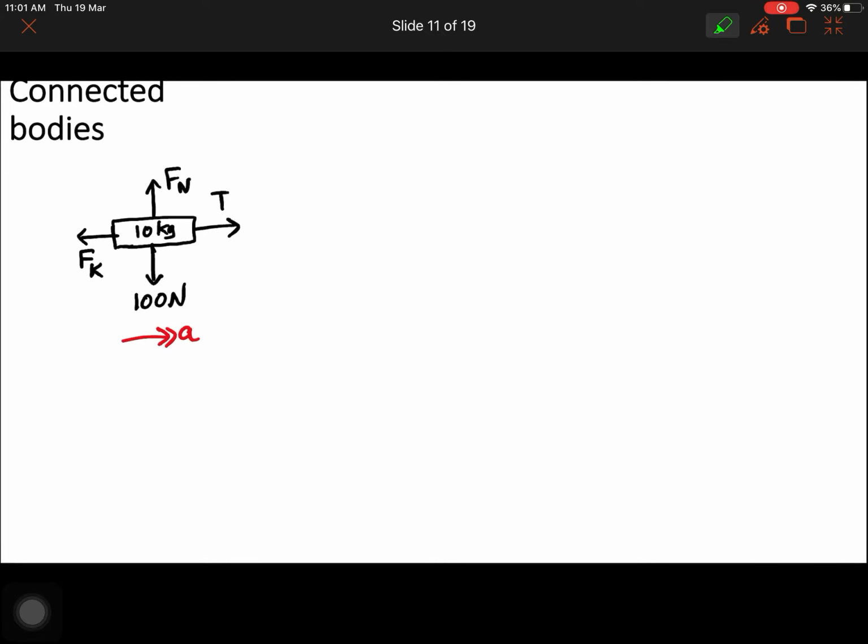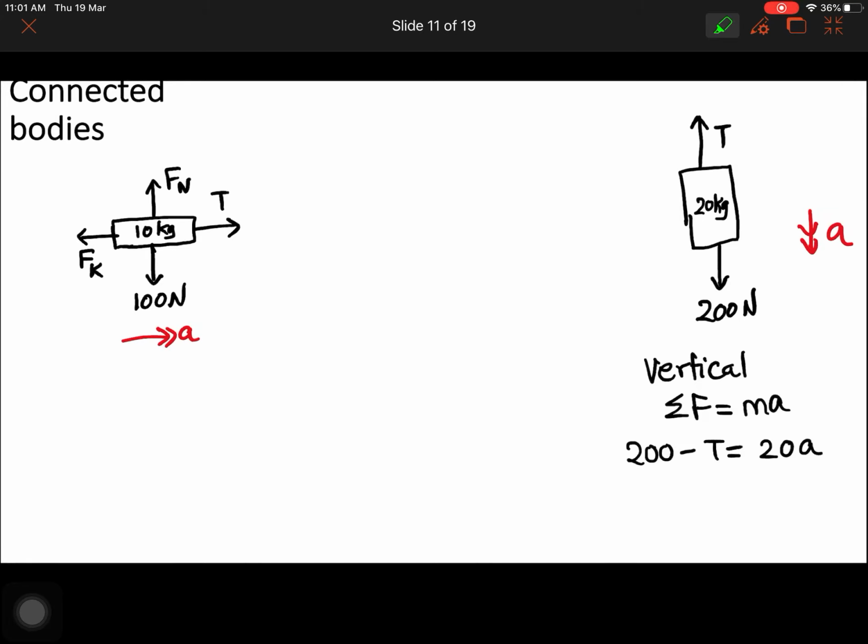Now we will take the objects separately with their forces and we are going to apply Newton's second law. So for the 20 kg hanging object, it is going to move only in the vertical direction.